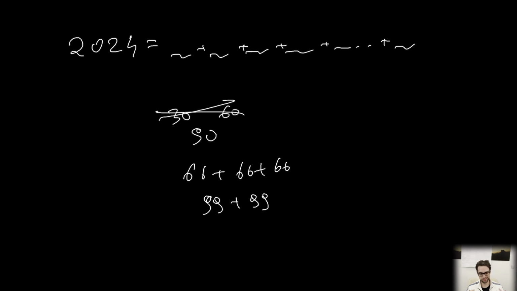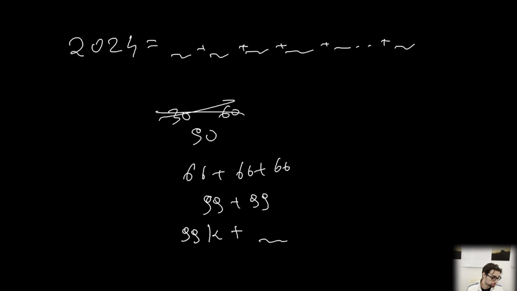Again, it's about noticing these things. So for the smallest number of 2-digit numbers, we're going to have 99, k times, and then we're going to have some other potentially 2-digit number, only one of those. I mean, we could also use 98.